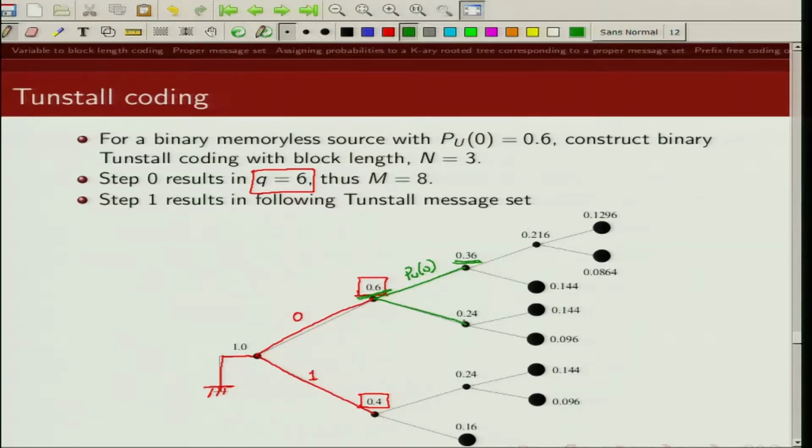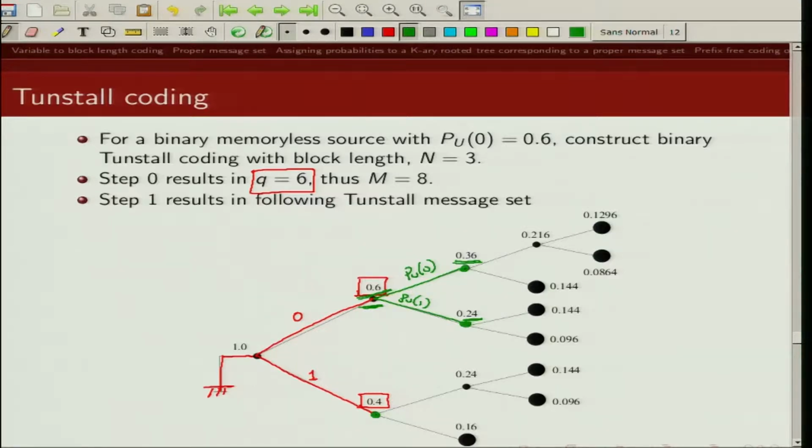Similarly, the probability at this particular leaf is the probability of this node, which is 0.6, into the probability of this letter 1, which is 0.4. So 0.6 into 0.4, that is 0.24. So after the first extension, this is how my message set looks.